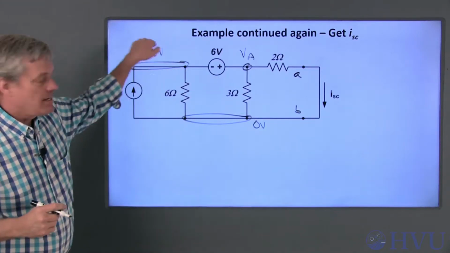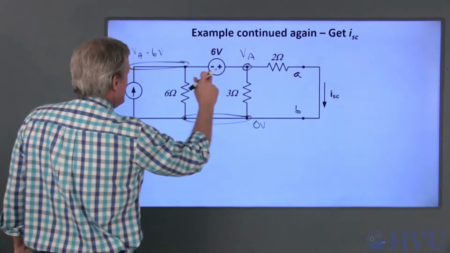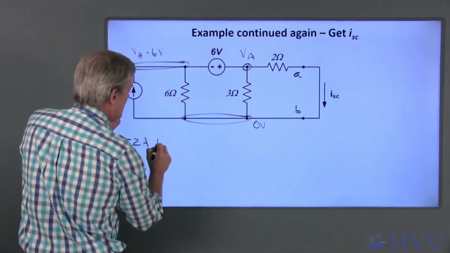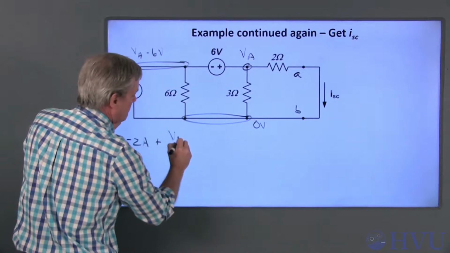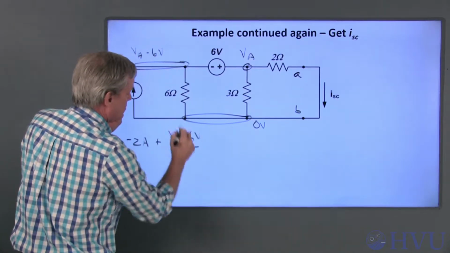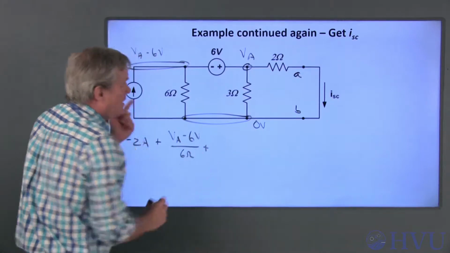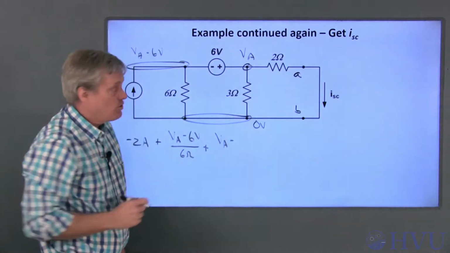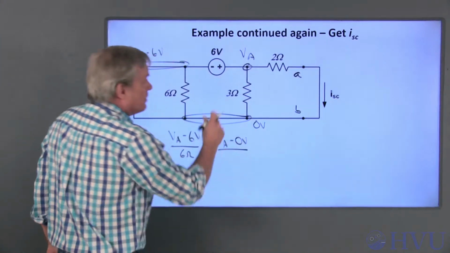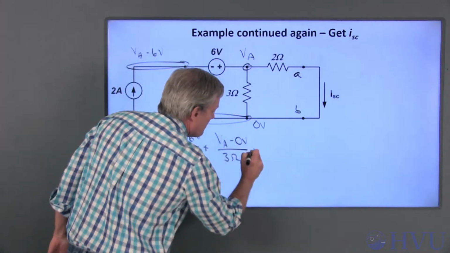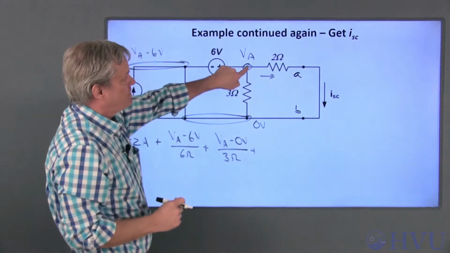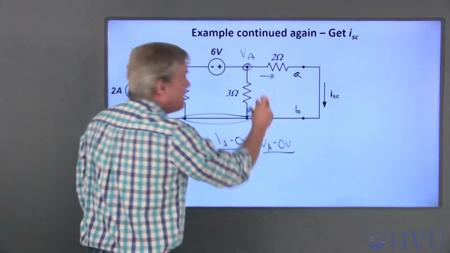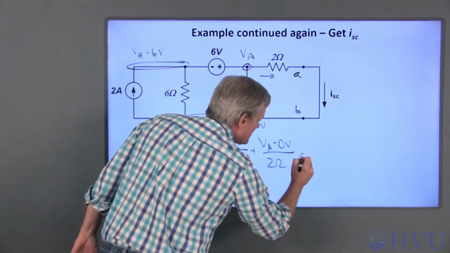Now if I do KCL at the super node A, I get minus 2 amps for this current source plus this current, which is VA minus 6 volts over 6 ohms, plus this current, which is VA minus 0 volts over 3 ohms, plus this current, which is also VA minus 0 over 2 ohms. That sums to 0.